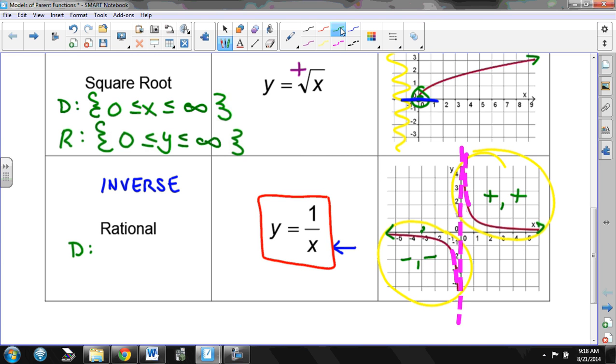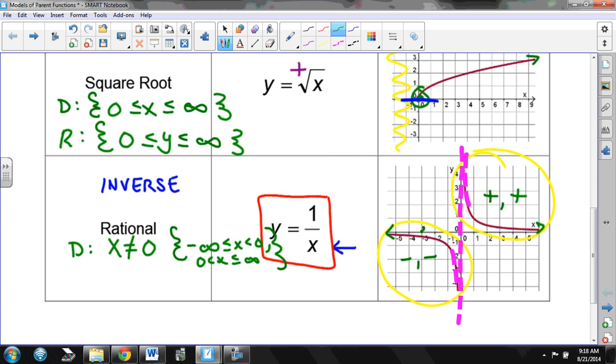So to list the domain, I'm just going to put x cannot equal 0. You could write it as two pieces here, and that would be just fine.